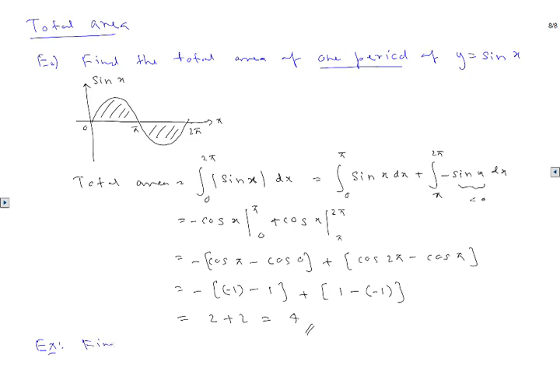Find the total area enclosed by the curve y equals x cubed minus x squared minus 2x on the interval from -1 to 2.